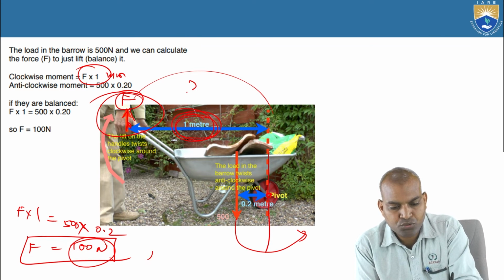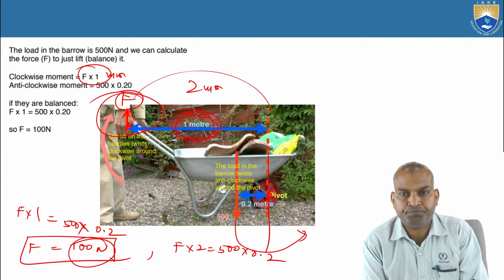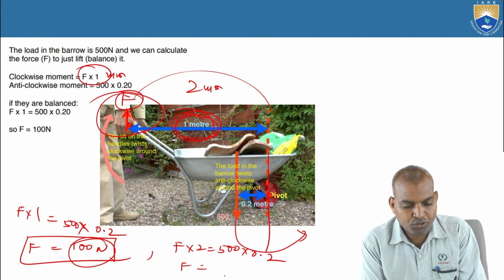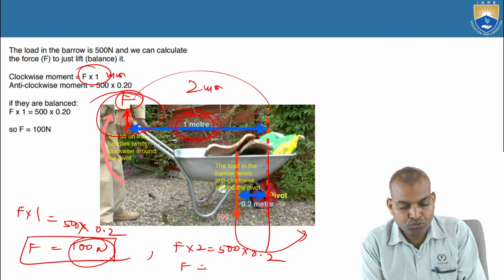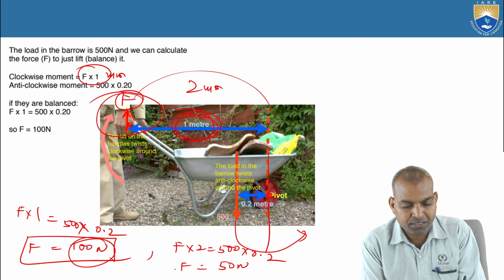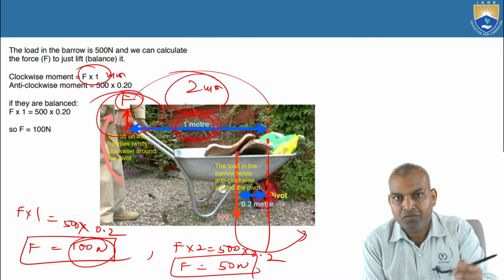Suppose the distance is 2 meters, then F into 2 equals 500 times 0.2. Then F equals 100 by 2, which is 50 newtons. So by increasing the distance D, what is happening?